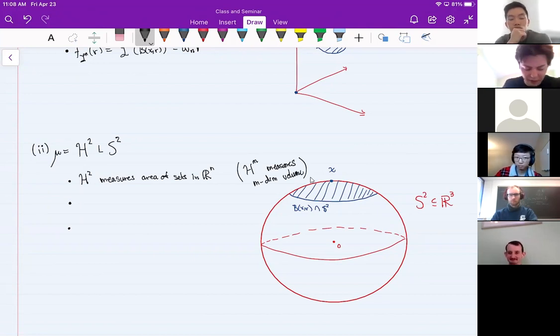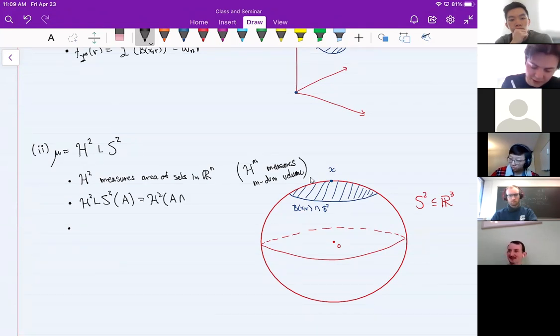Okay, and I wrote on S2, so when I say on S2 with this notation with the little L, really what I just mean is that when this thing measures a set A, I'm just taking the H2 measure of A intersected with the sphere. So the little L just means that I'm restricting myself to sets which are contained within the sphere.